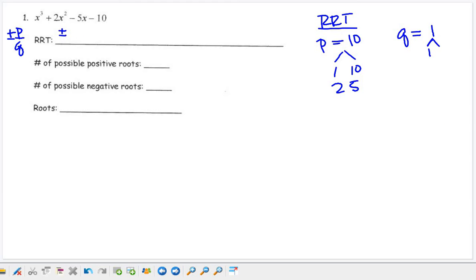I personally like to start with this one, and I'm going to change color here. 1 over 1 is 1, plus or minus, so 1 is done. 2 over 1, 2 is done. 5 over 1, 5 is done. And 10 over 1, 10 is done. That is personally the way I like to do it, but you don't have to do it that way, and you'll see it becomes a little different when there's more than just one to pick from.